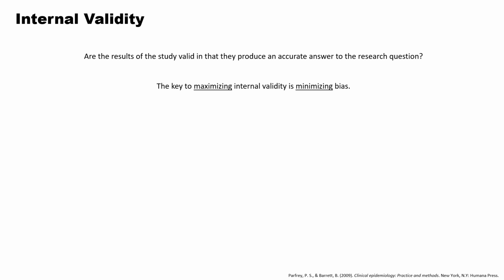On the other hand, internal validity refers to the results of the study in terms of are they valid in that they produce an accurate answer to the research question being asked. And so the key to maximizing internal validity is minimizing bias.